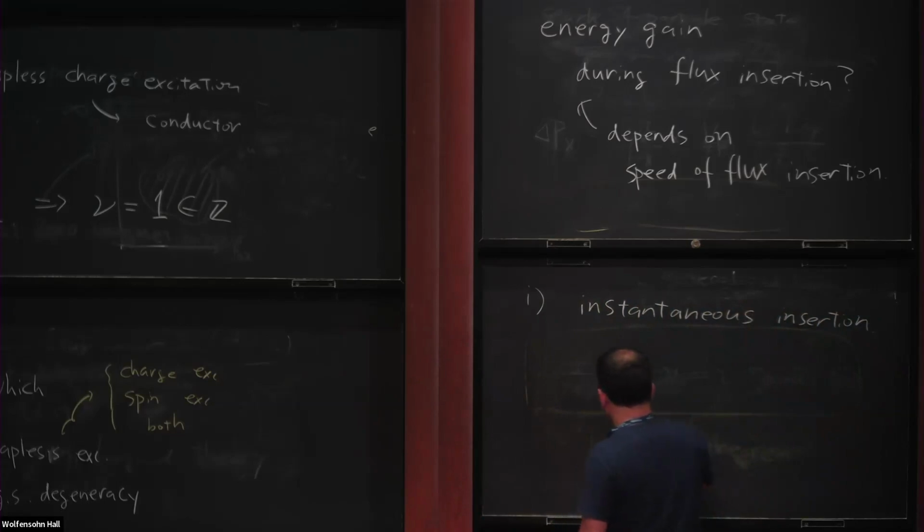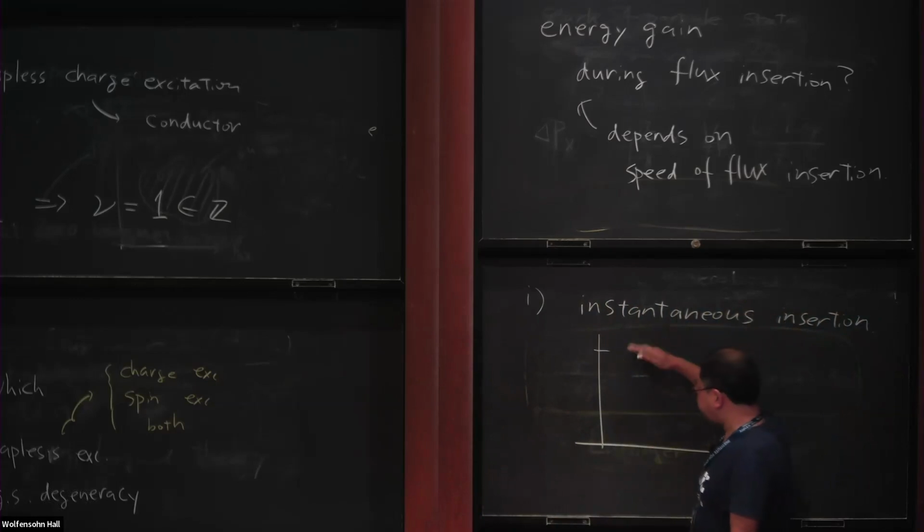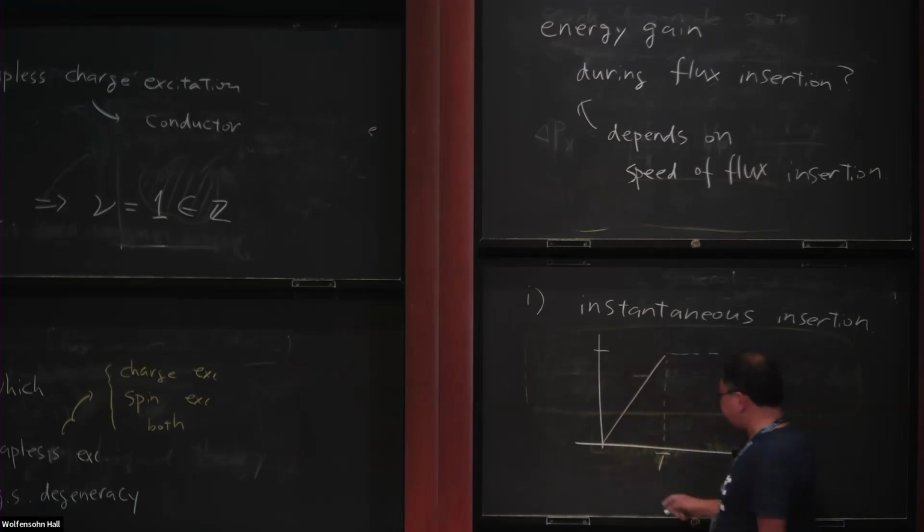Okay, well, this is time, and I want to increase the vector potential from 0 to phi 0, or some particular value, let's say linearly. And let's say this final time is capital T.